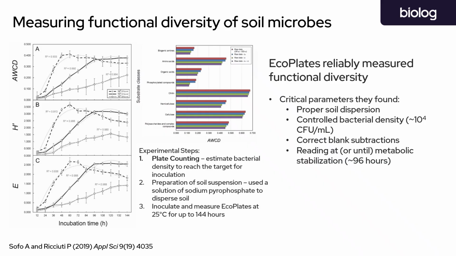Following these steps allows reliable measurement of soil microbial diversity and their function. And this work served as a foundation for agricultural research to continue monitoring soil with our EcoPlates. Their methods are very detailed, and I really like this paper for that.